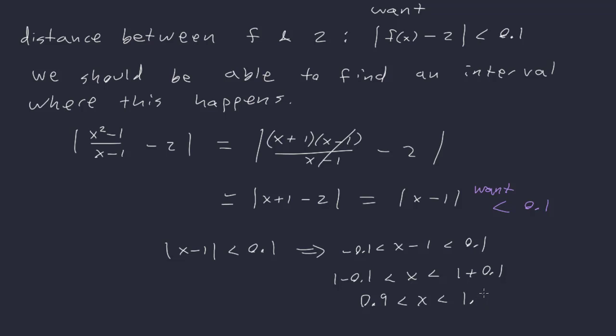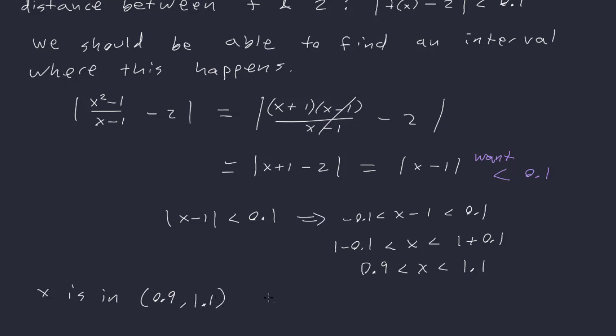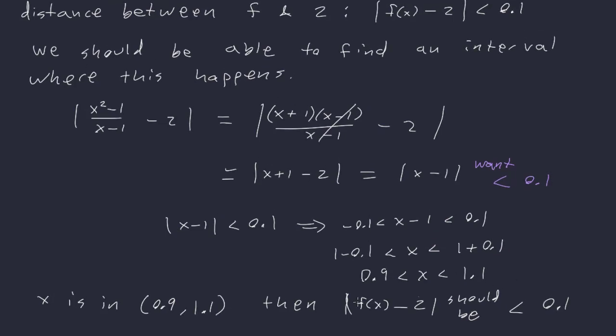So what we're basically saying here is that as long as x is in the interval 0.9 to 1.1, then f of x minus 2 should be within our tolerance, which is 0.1.